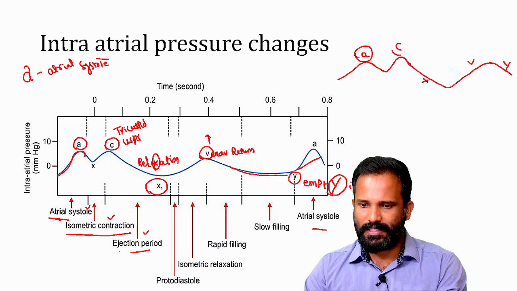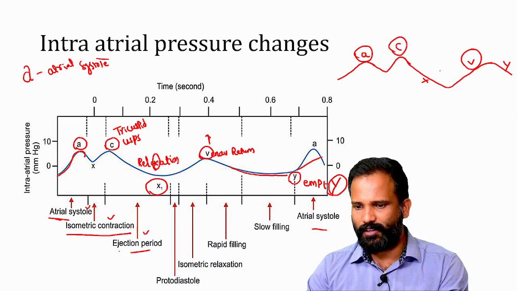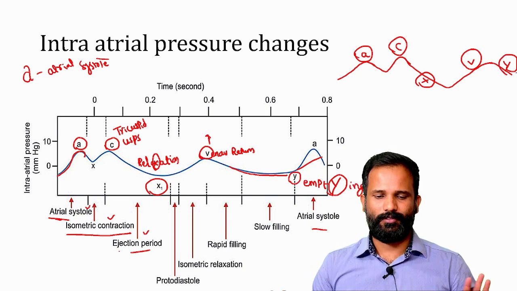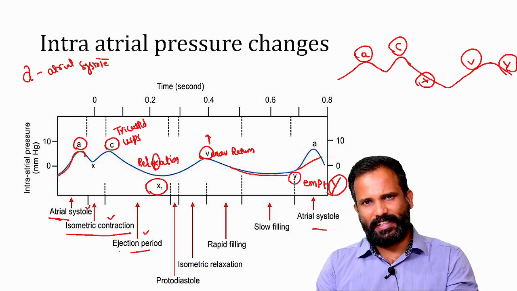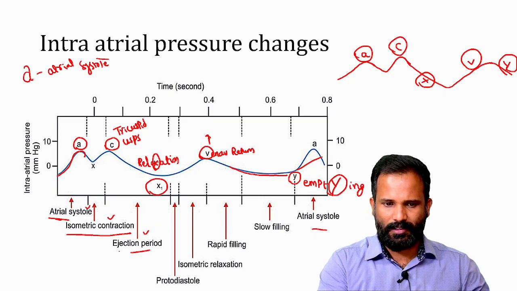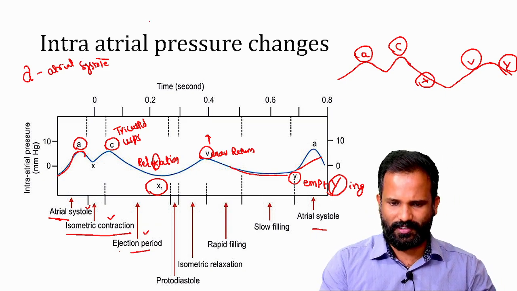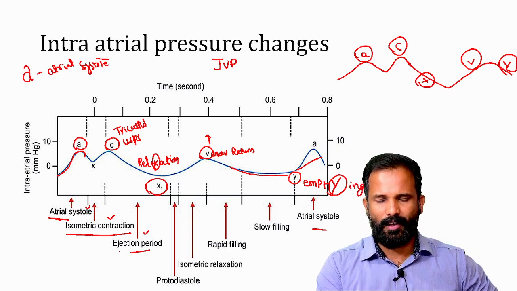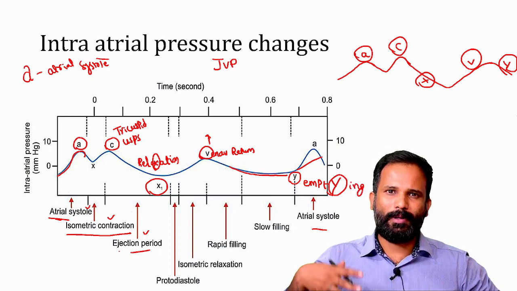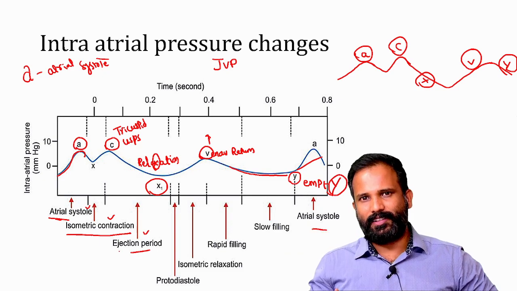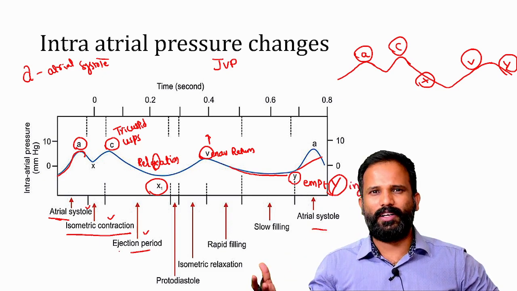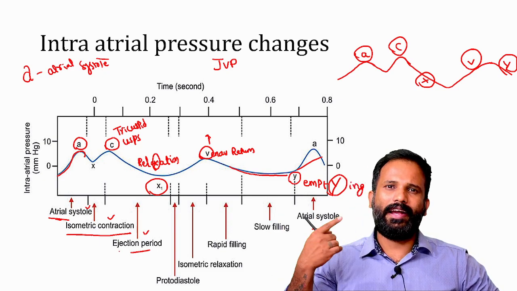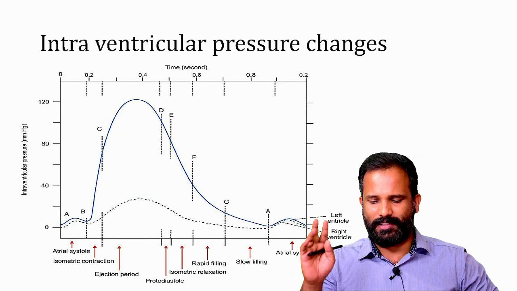So A, C and V are the positive waves, X and Y are the negative waves, or decreased waves. Okay, so that's the intra-atrial pressure changes. This is nothing but the jugular venous pulse tracing. Jugular venous pulse is directly connected to the right atrium, so whatever the atrial pressure changes can be identified with the jugular venous pulse tracing.